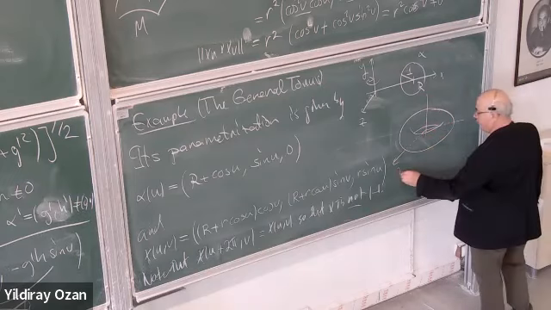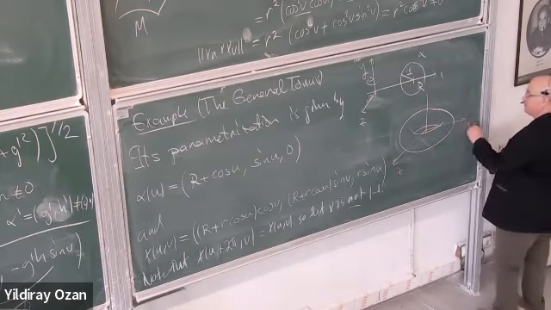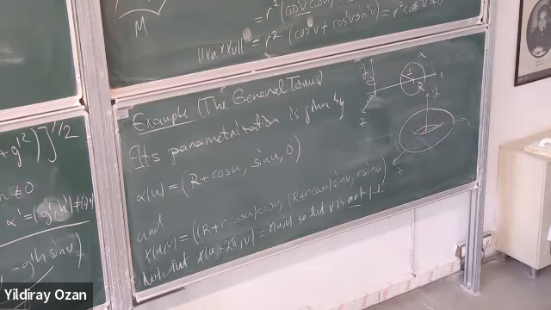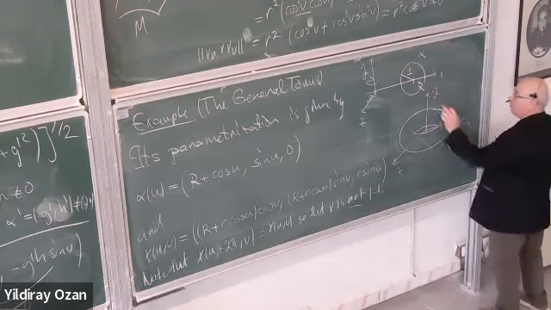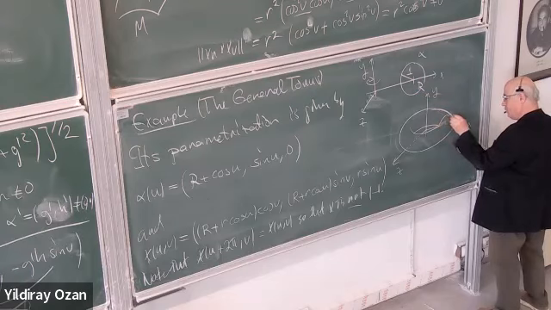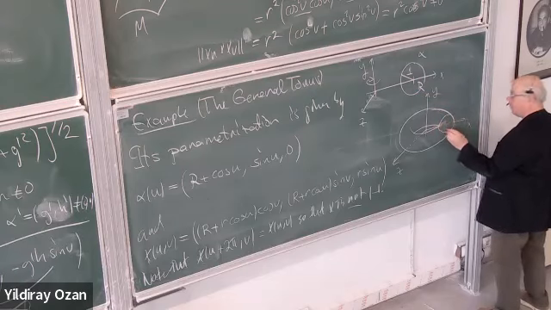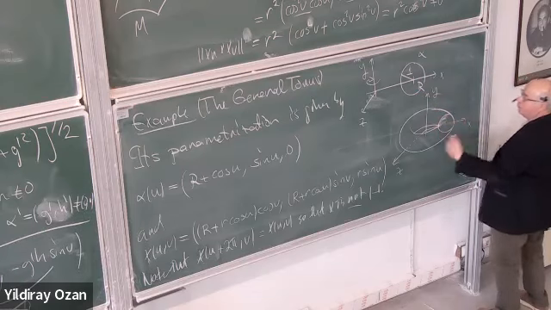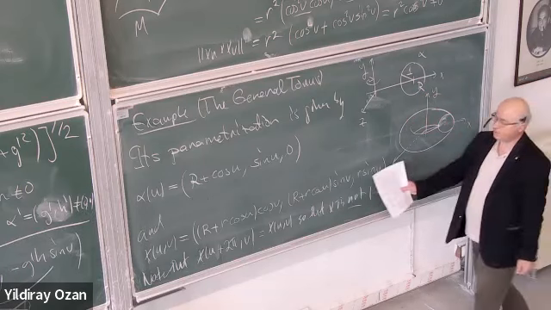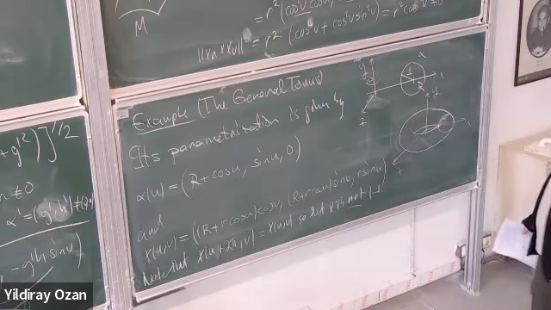Yeah, so this is the z-axis, this is the x-axis, and this is the y-axis. And this circle is this circle here. We just take this circle and rotate about the y-axis. And this is the parametrization.